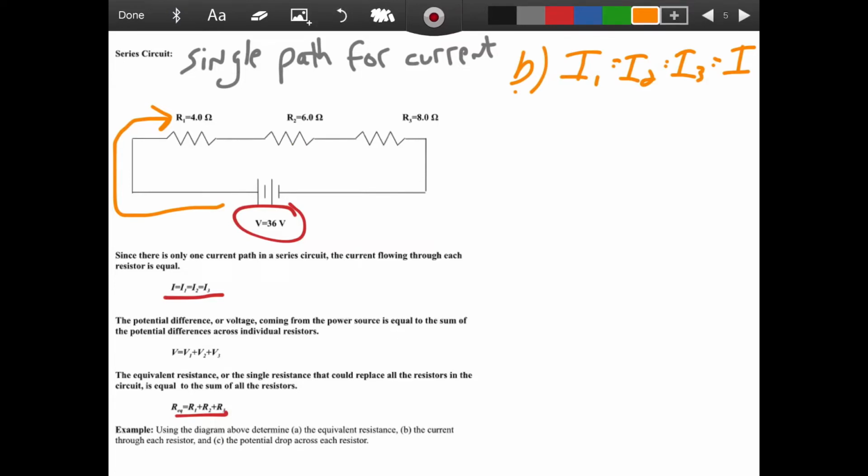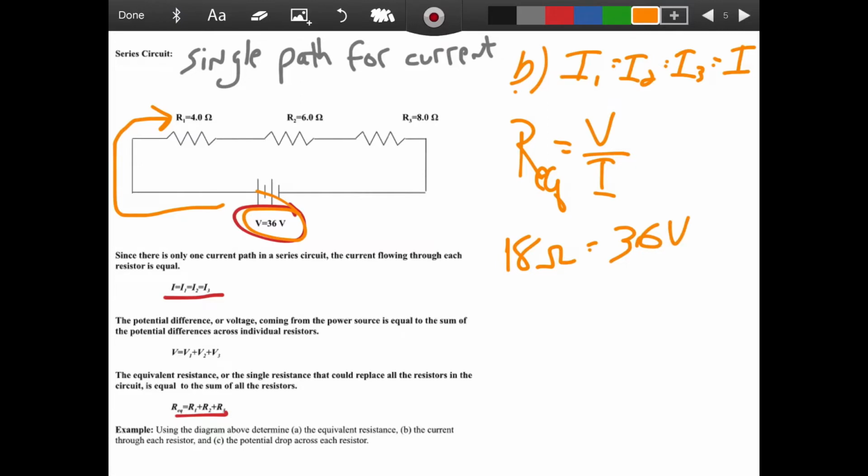And to calculate the current, we're going to use Ohm's law, which is R equals V over I. But it's very important when we're solving for the total current in the circuit, we want to use the equivalent resistance, which we found in part A to be 18 ohms. We know that the voltage of the battery is 36 volts, or the potential difference of the battery.